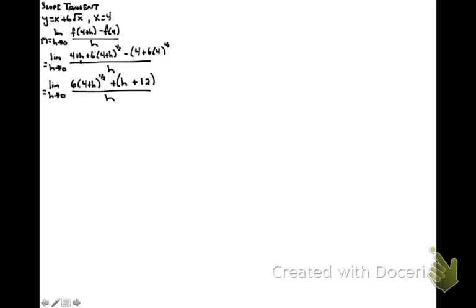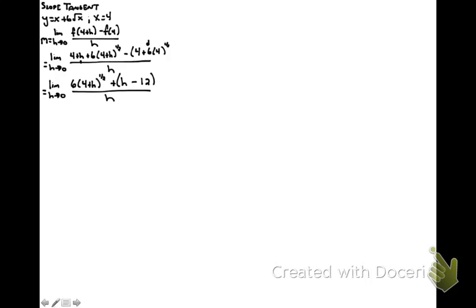Well, the h came from right here. Where did the 12 come from? Well, 4 plus 6 times 12 on this section. So I've got 4 minus 4, so it cancels out. 6 times 4 to the 1/2 is 12, and this should be minus 12. There we go.